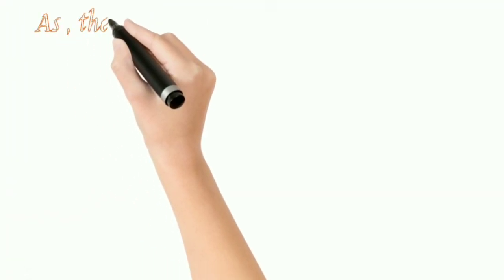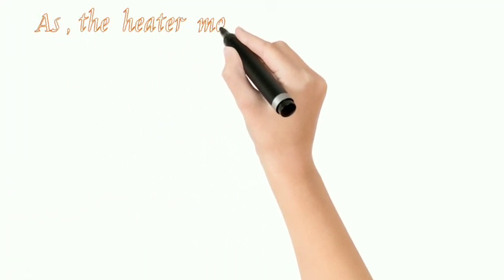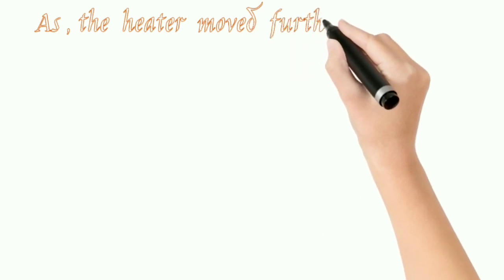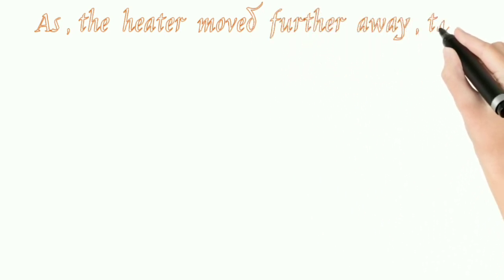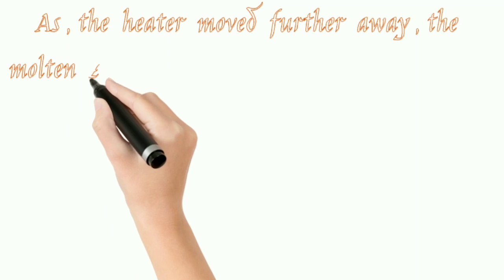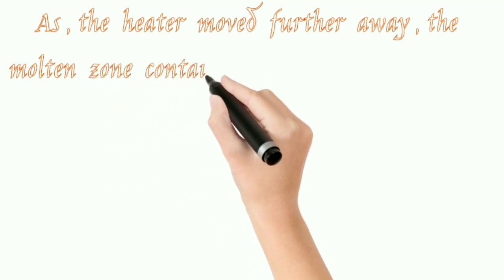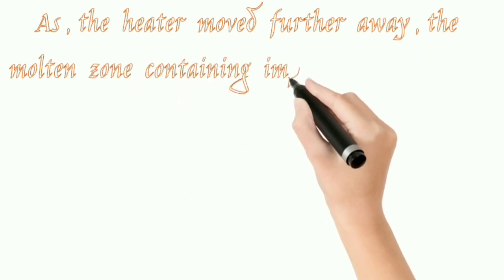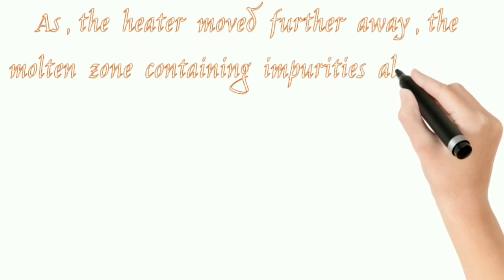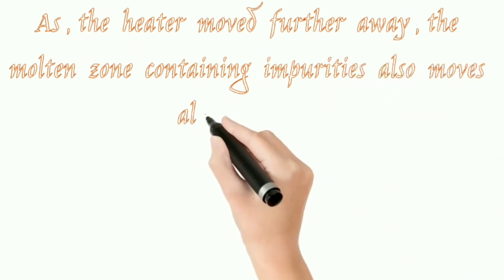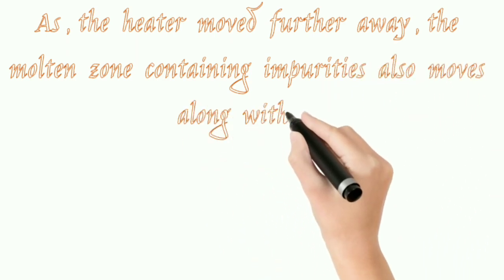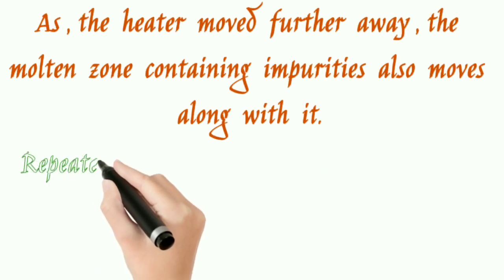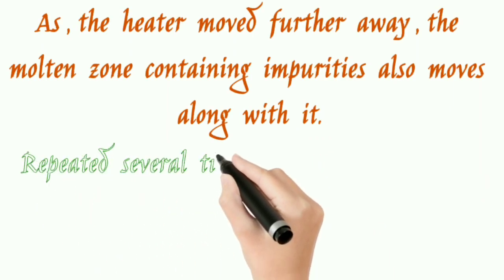As the heater moves further away, what happens? The molten zone containing impurities also moves along with it. Remember well, students, that the impurities move along with the heater, in the direction of the heater. So the molten zone containing impurities also moves along with it.